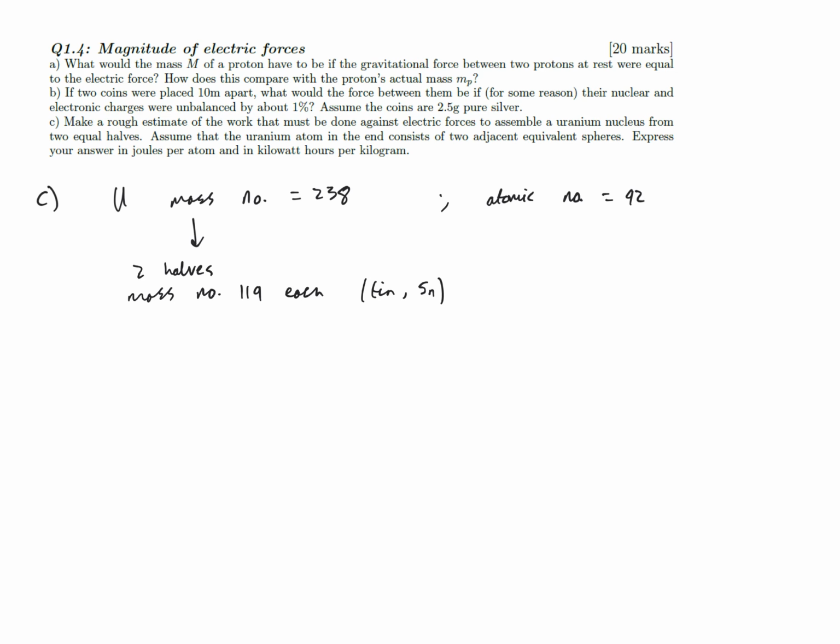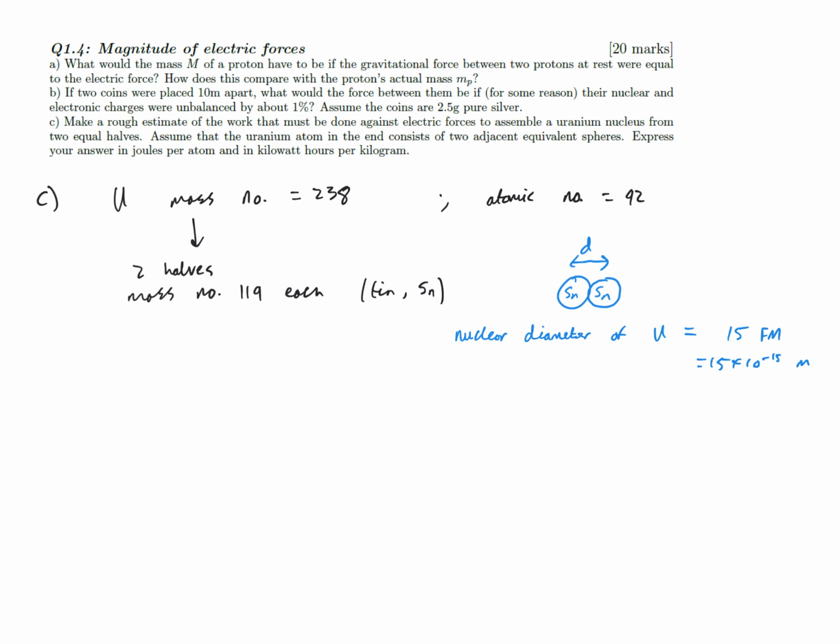So just in pictures, the idea is we have two tin atoms, and we need to bring them together to a distance d. And this distance d is going to be half of the nuclear diameter of the uranium atom. And that turns out to be 15 femtometers, which is 15 times 10 to the minus 15 meters.